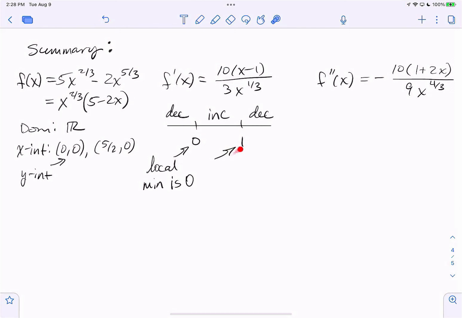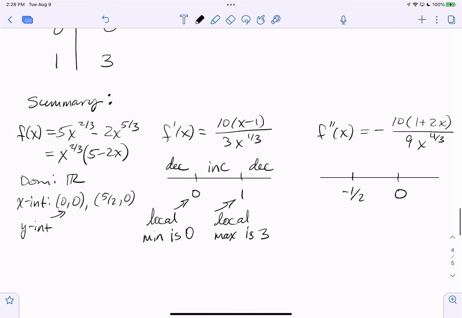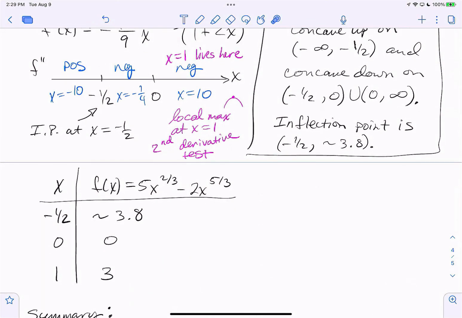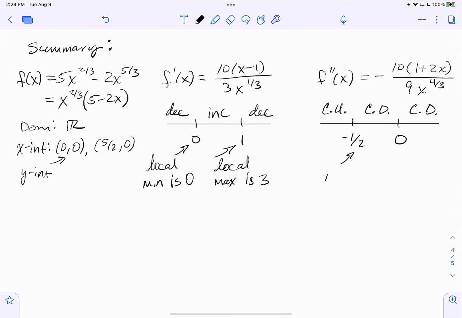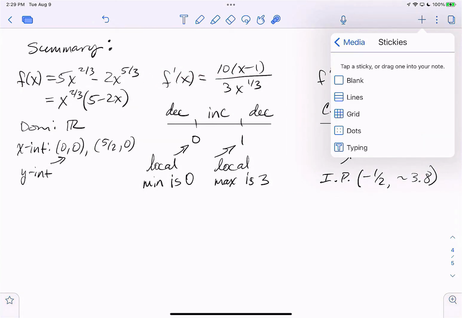We said we had a local maximum at x equals 1, and then again we used the function itself to say that the local maximum value is 3. We then used f double prime to talk about concavity. And we said that the graph was concave up and then concave down and then concave down. We used that information to say that we had an inflection point at negative 1/2, approximately 3.8. This is how we use f, the first derivative, and the second derivative to analyze a function so that we can graph it, which we're going to do now.